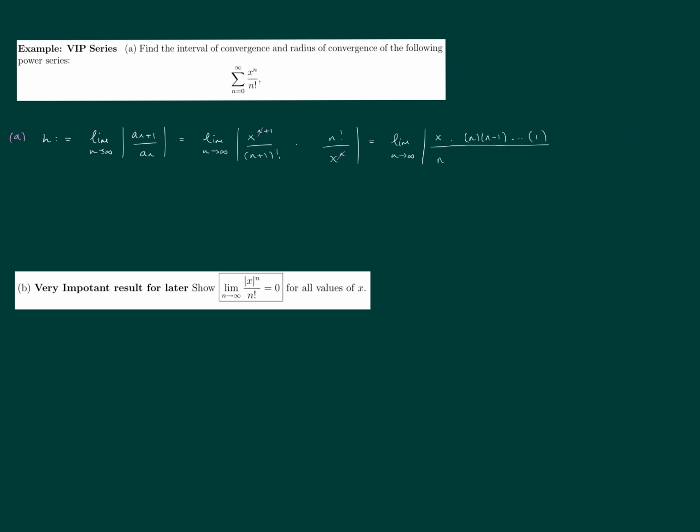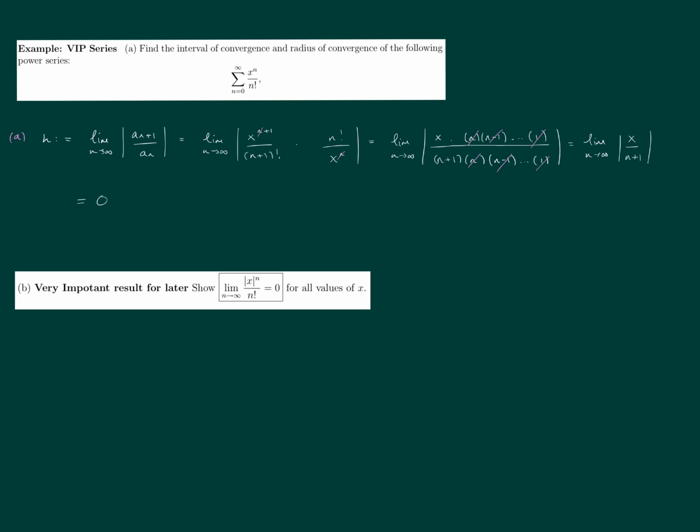So then n plus 1 factorial is n plus 1 times n times n minus 1 all the way down to 1. Okay, so most of these terms, except for one, cancel. The 1's cancel, the n minus 1's cancel, n's cancel. And we're just left with the n plus 1 on the bottom. So we get the limit, n goes to infinity, of x over n plus 1 in absolute value.